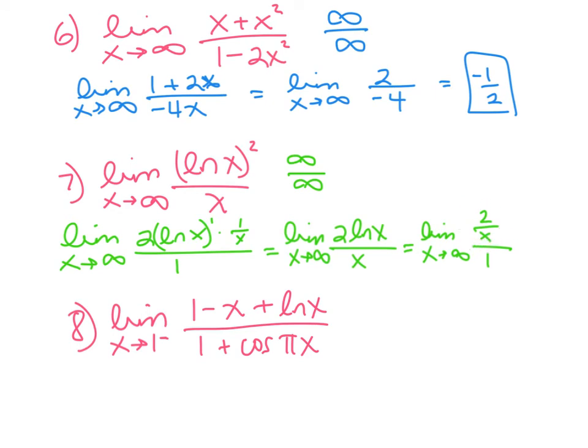Well, 2 over an infinitely large number is going to be exceptionally close to 0. And so when you have any constant number divided by infinity, we can go ahead and say that that is going to be 0 on the top, and then obviously over 1. So your final answer here is equal to just 0.